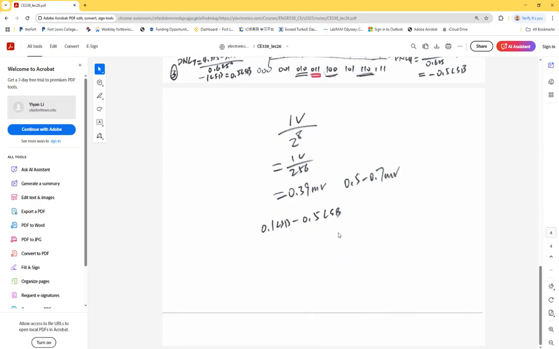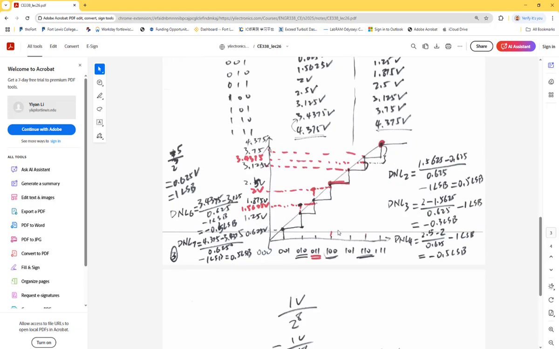For INL, INL is comparing the absolute value to the ideal value on the line. So let's look at the first example, INL2 here.